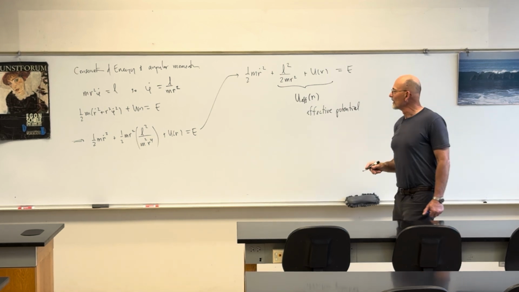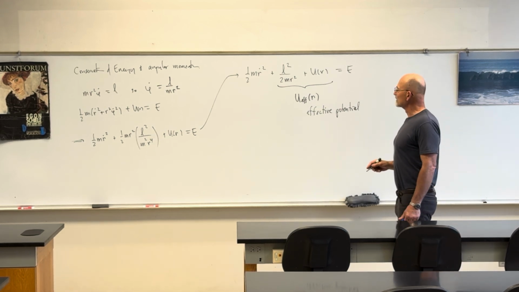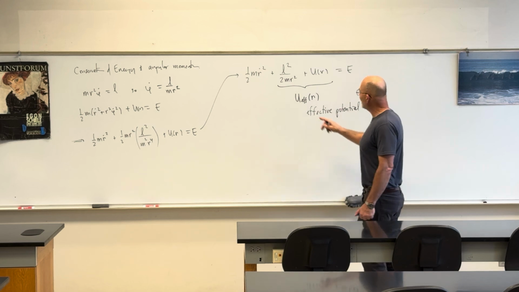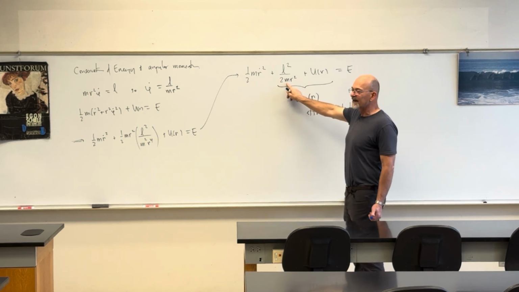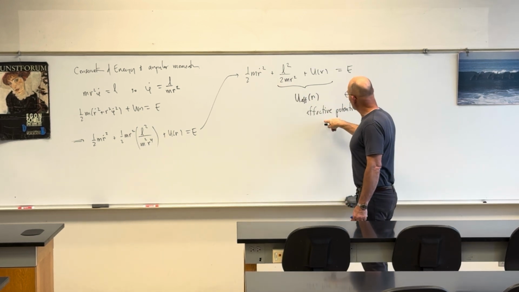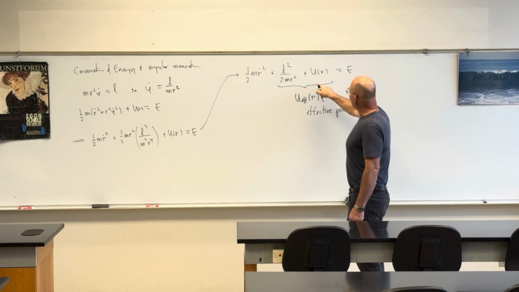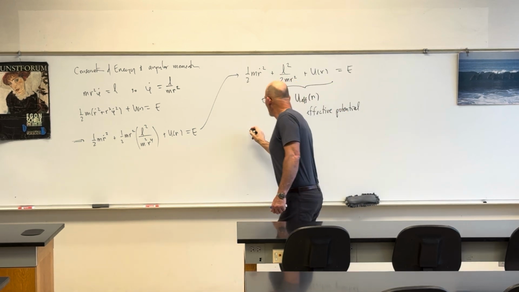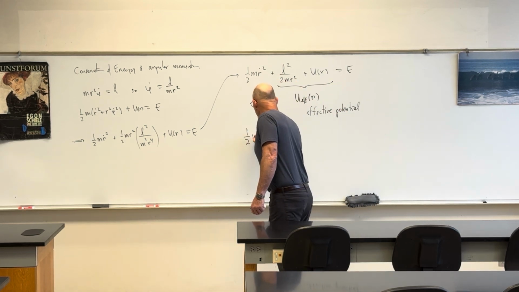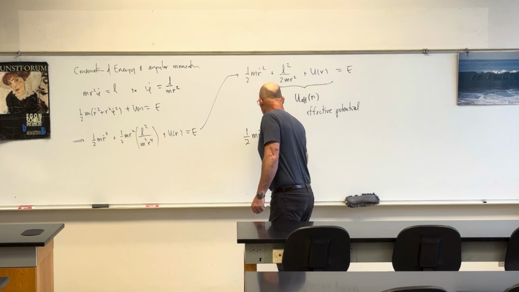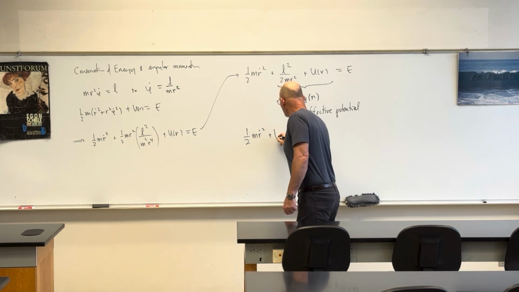I know at first this often leads to a little confusion because it came from the kinetic energy, it's part of the kinetic energy. The reason we call it the effective potential is because the formal problem now looks like this. It is effectively a one-dimensional problem.